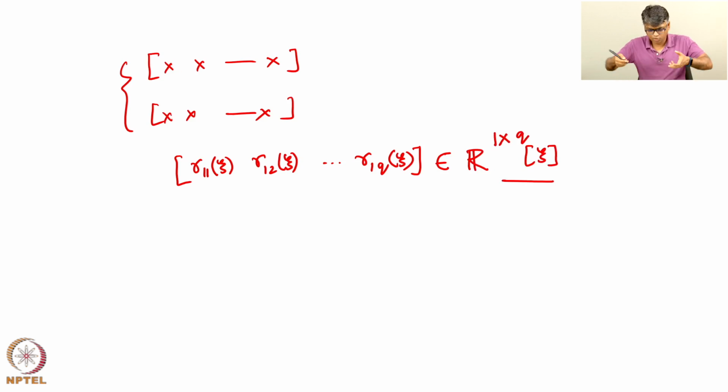This is just like a row vector of real numbers, but instead of real numbers we have polynomials now, but it is still just a row vector, right. I hope you are not too flustered to make this connection. You are familiar with row vectors of numbers, this is just a row vector of polynomials, right.